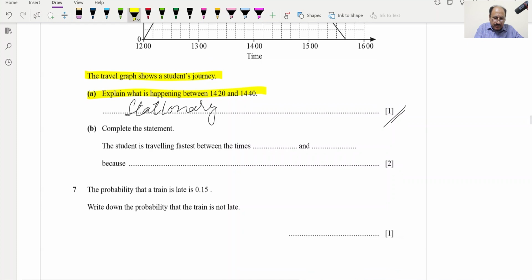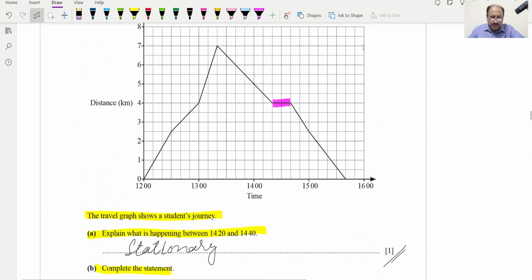Then complete the statement. The student is traveling fastest between the times. And what are the times gradient we will be checking? And that will be this is the steepest one, so it is for this duration, and which is 13 up to 1340. This will be 1320 basically. No, it's not up to this one, it is up to this one.